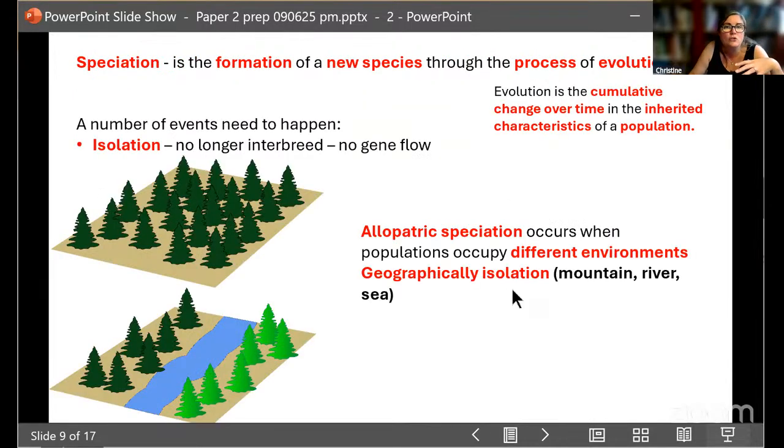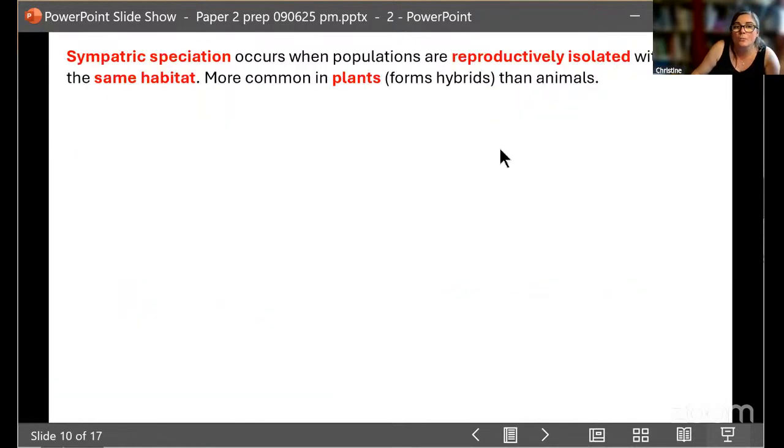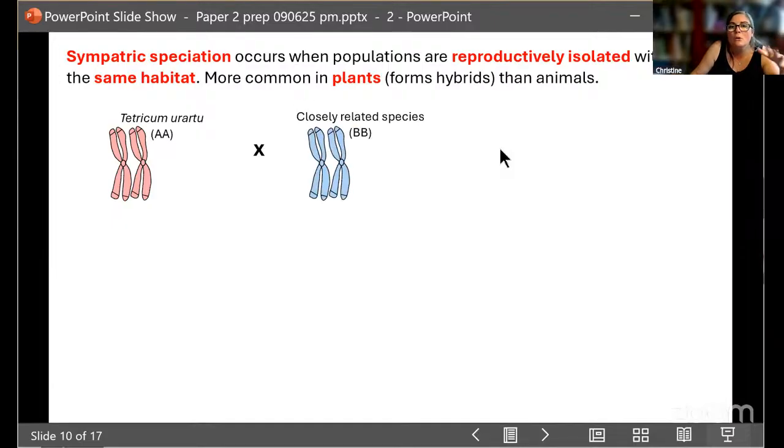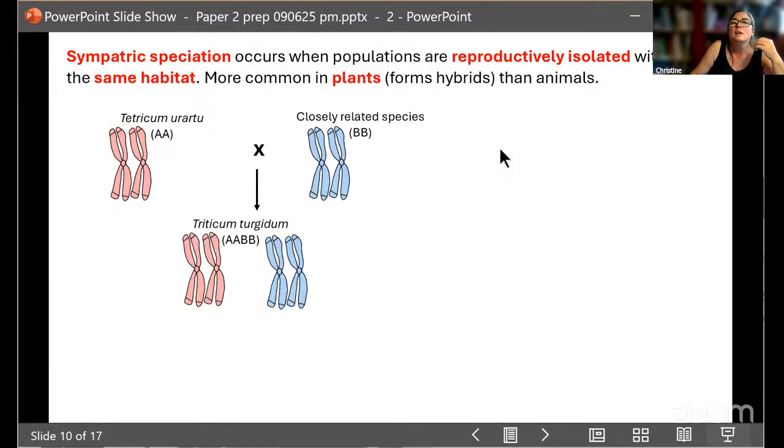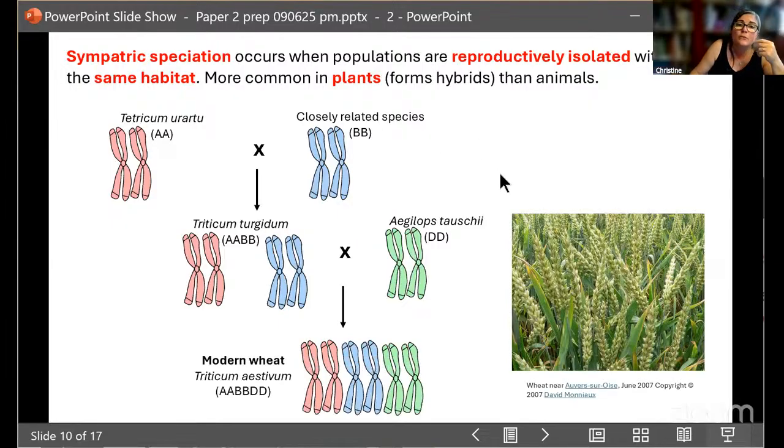If it's allopatric, different environments, geographical isolation. You should know about sympatric speciation, reproductive isolation. You should know about what that means in the fact that if we have different numbers of chromosomes, that's going to have an effect on the ability of the plants from being able to reproduce. So therefore they become reproductively isolated.